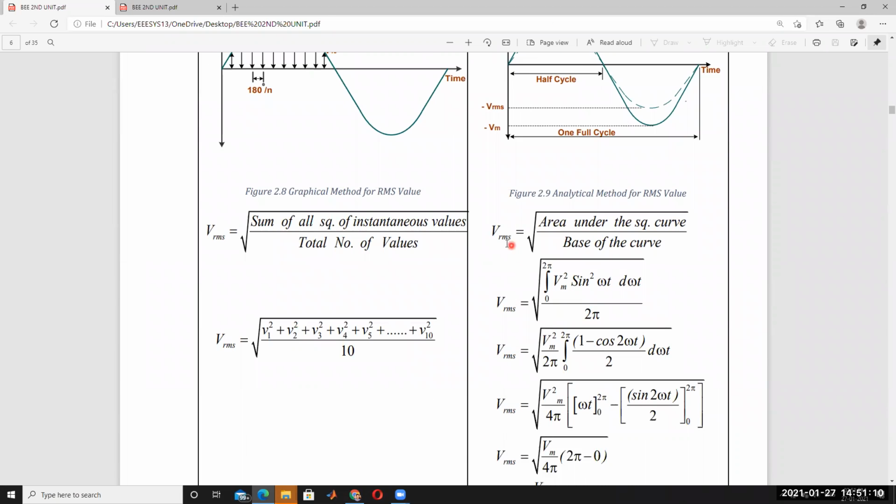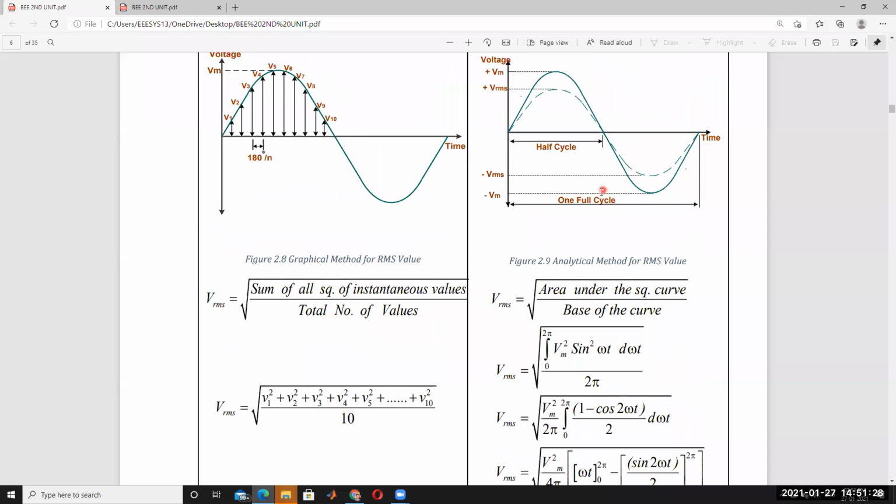And then for the analytical method, VRMS is equal to the square root of the area under the square of the curve divided by the base of the curve. So VRMS is equal to the square root of the integral from 0 to 2 pi. For the RMS value we have to take the full cycle.